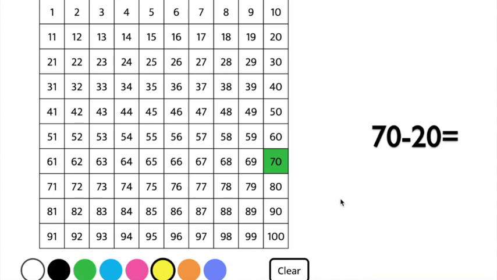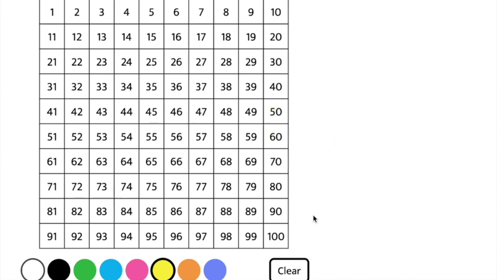So let's do it together. From 70, we're going to go 1 and 2. So the answer is 50. So 70 minus 20 is 50. All right, good job. So now we're going to move on and do another question.